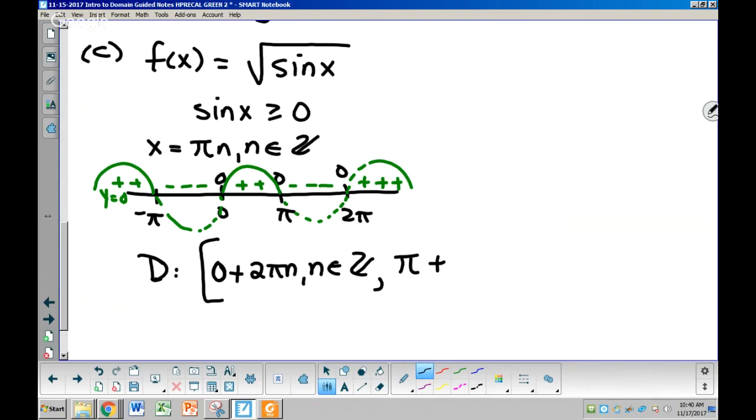So what I'm trying to do is highlight this interval, and any interval. How far apart are these intervals? Right? So we're going to say this is 2 pi n. Does that hit every interval?